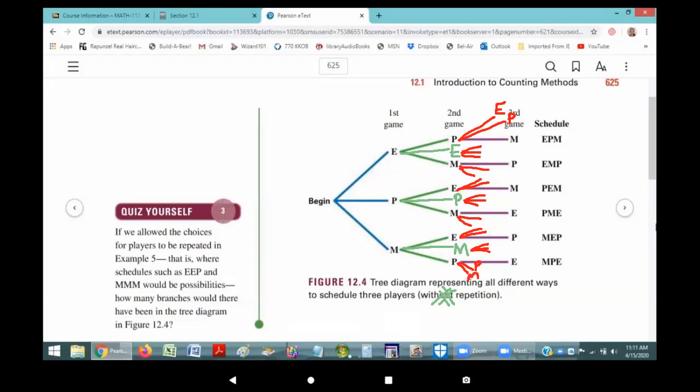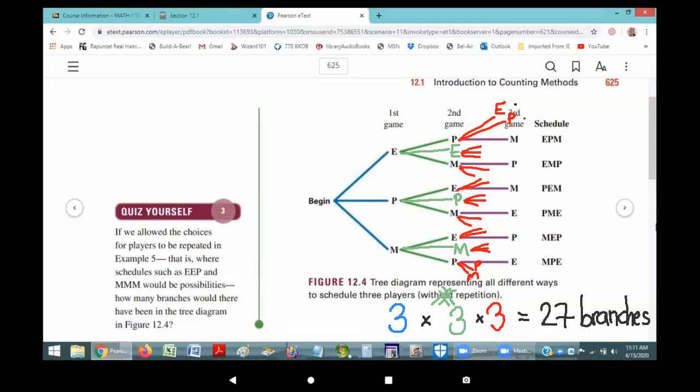So our tree diagram looks like having 3 choices for game 1, having 3 choices for game 2, and having 3 choices for game 3. And we multiply these choices to get 27 branches.